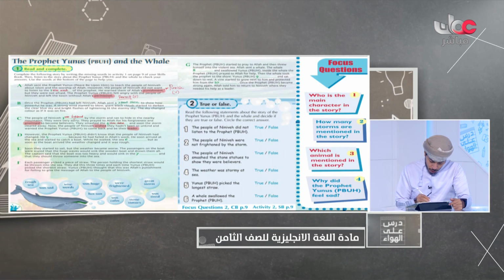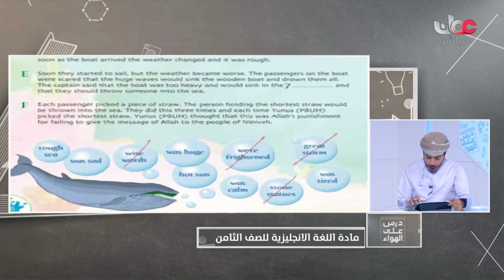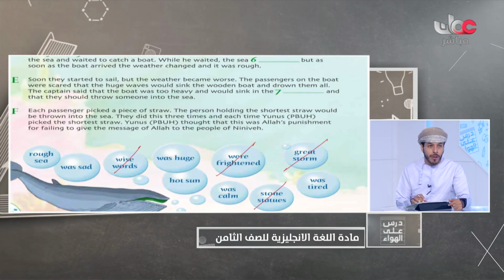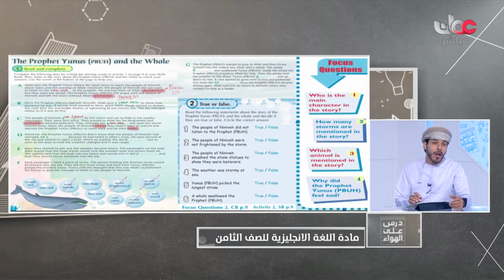So we have already finished with wise words, also great storm, stone statues, and also was or were frightened. So you need to think about the rest of the adjectives and put them in the correct places. Try to read the text again and try to feel the text. You will learn different morals of this text.